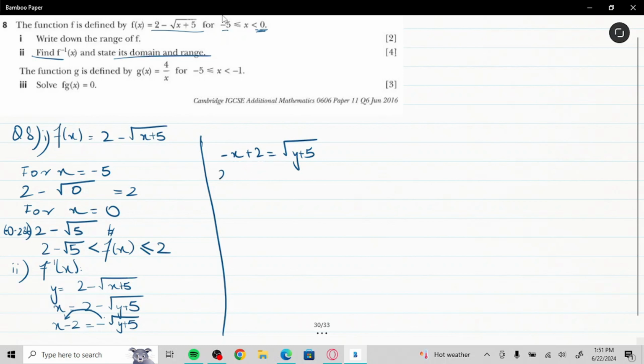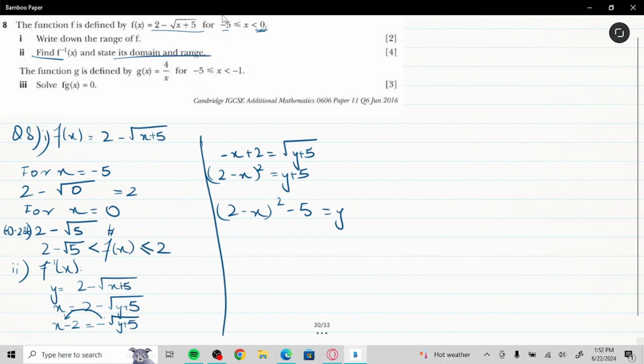So 2 minus x whole squared equals y plus 5. And we easily say (2 minus x) squared minus 5 equals y. And that's it. This is the inverse of the function f.